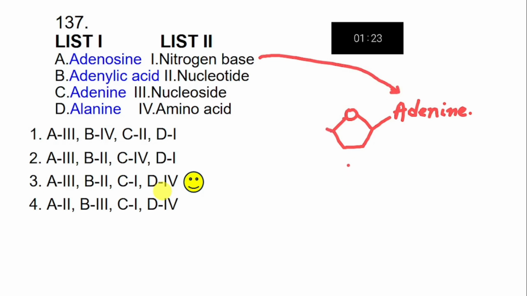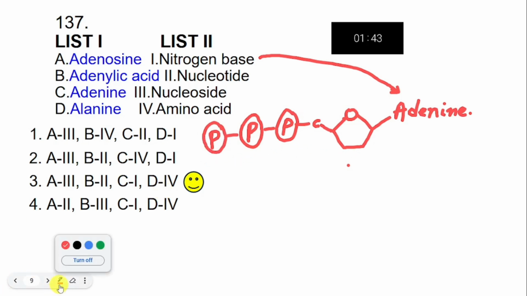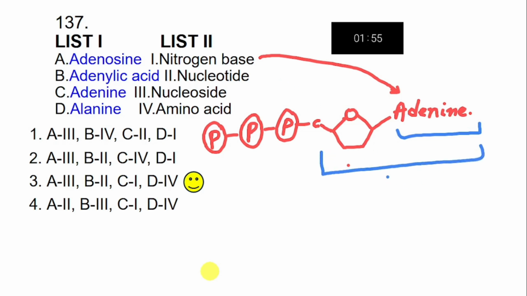Then to this carbon, you have a phosphate group attached, and then phosphate and another phosphate. So this becomes adenosine triphosphate. If you consider only this adenine, that will be the nitrogenous base. Then ribose plus adenine will be called nucleoside.